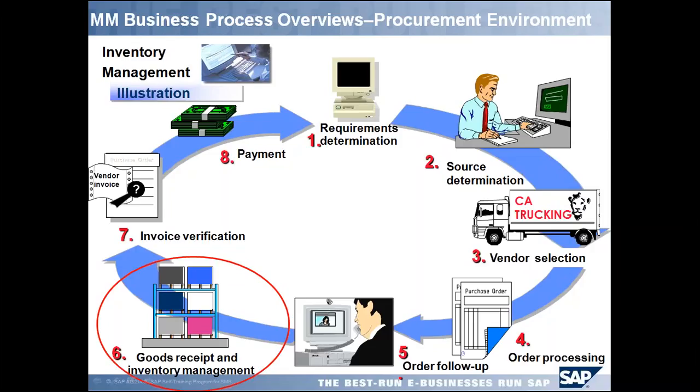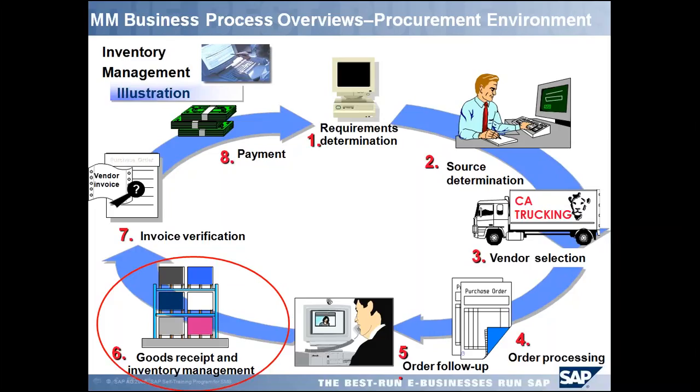From there, the purchase order processing, then the follow-up of the order, that means in how many days they can give you the quantity of stock we require. Then goods receipt is done in inventory management, and after that the invoice verification payment.